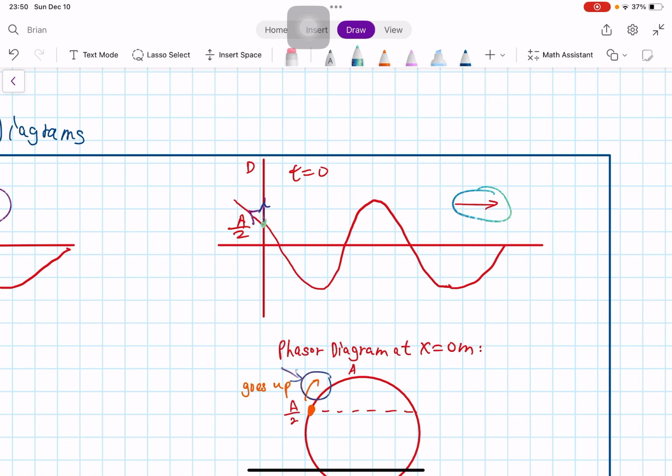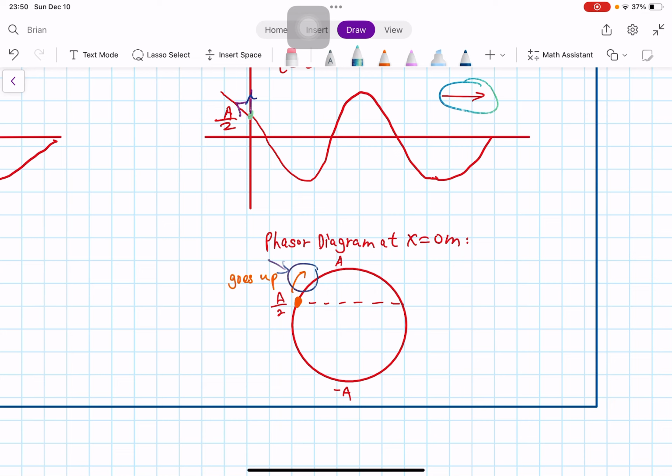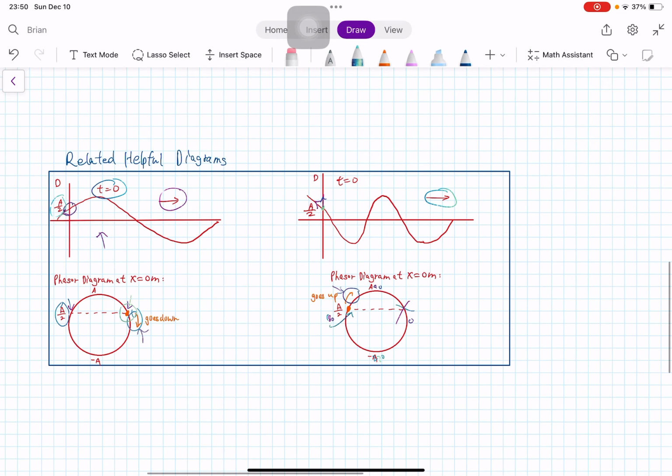As the wave travels to the right, it's going to follow that line and move upwards. And that's why this time the particle is here and not here. And it would be between 90 degrees to 180 degrees. This is 0, this is 90, 180, and this is 220.